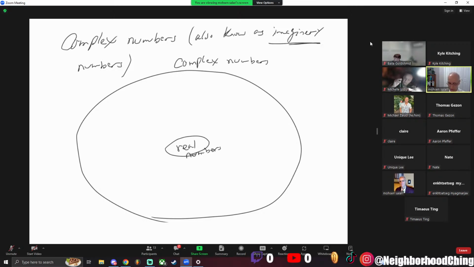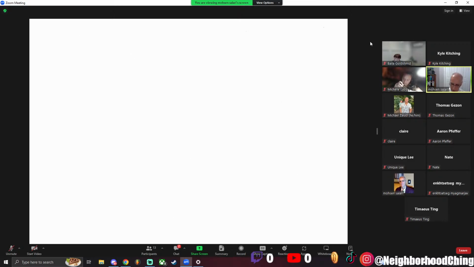And what is the imaginary here? So a complex number has two parts, real and imaginary.